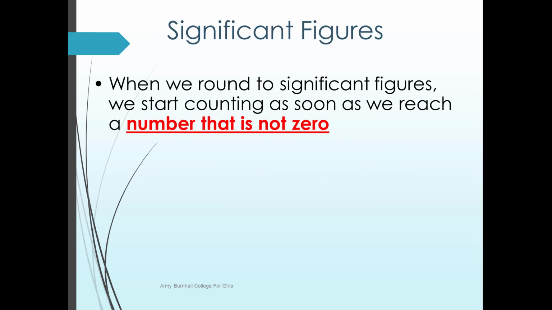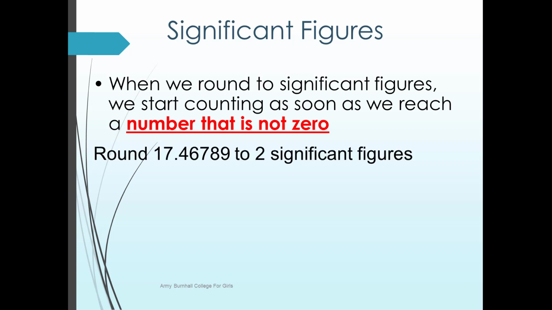How? When we round to significant figures, we start counting as soon as we reach a number that is not 0, because while counting significant figures, we start counting from the left, and the first significant figure is the first non-zero digit. So again we are taking the value 17.46789, and we have to round it off to two significant figures.